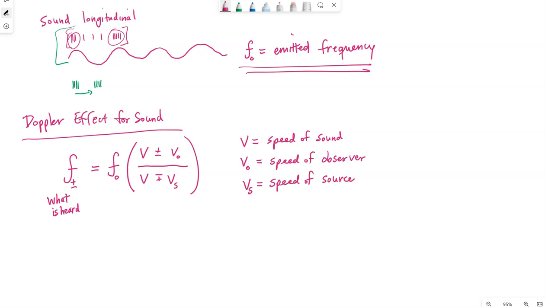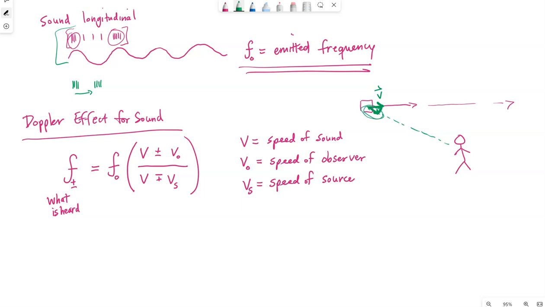Now, in each situation, technically, these are the components that point directly towards us or away from us. So if the car is traveling down the road that we're not standing in the middle of, at any given moment in time, the velocity is going to have a component that points directly towards the observer and a component that's perpendicular.